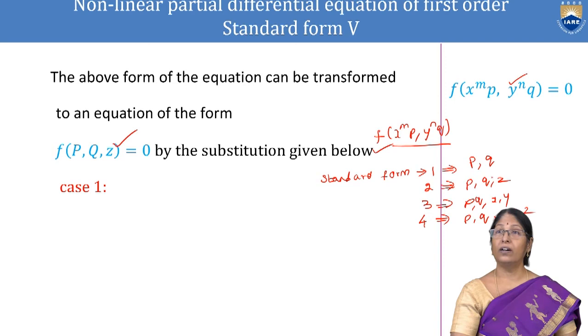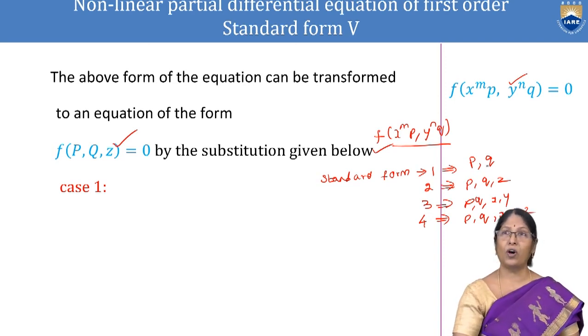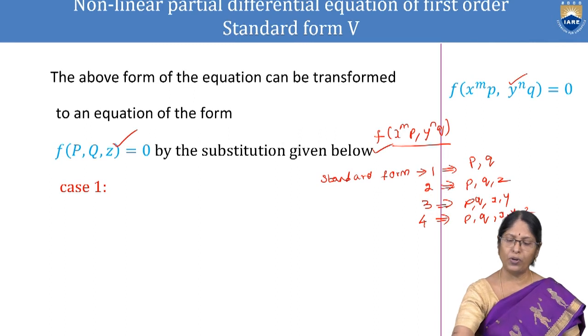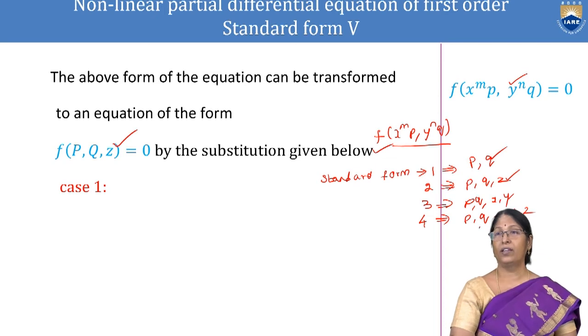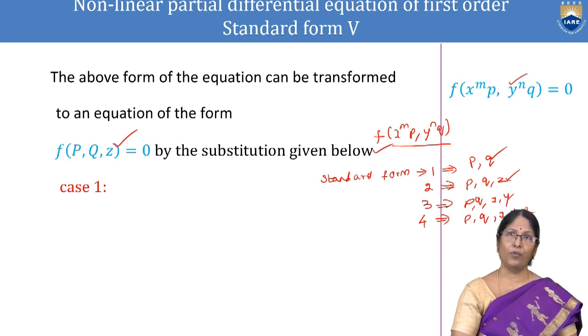In the given equations, if only P and Q are dominated, it is standard form 1; PQZ dominated is 2; PQ, X, Y dominated is 3; and PQ, X, Y, Z dominated is 4.